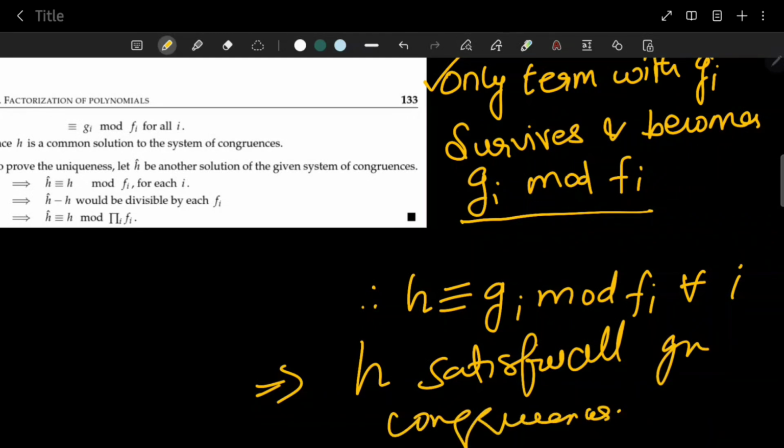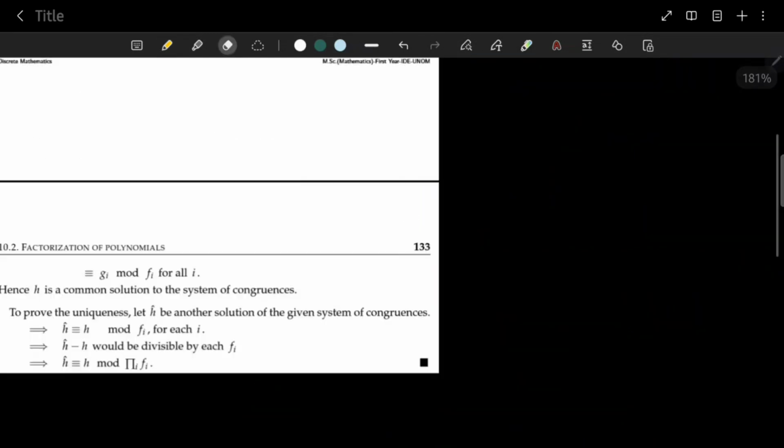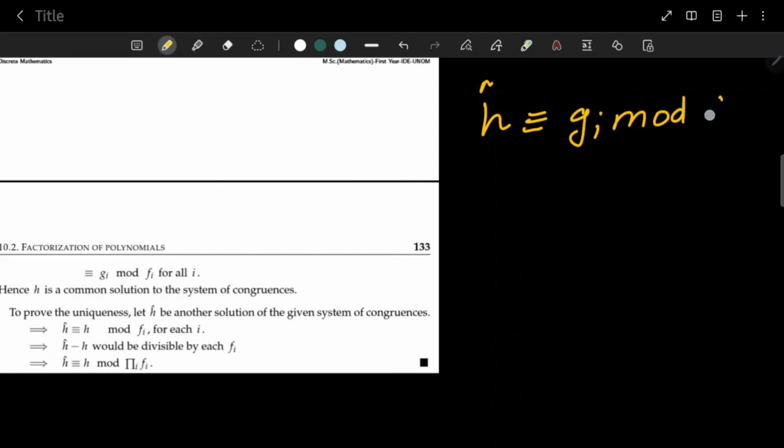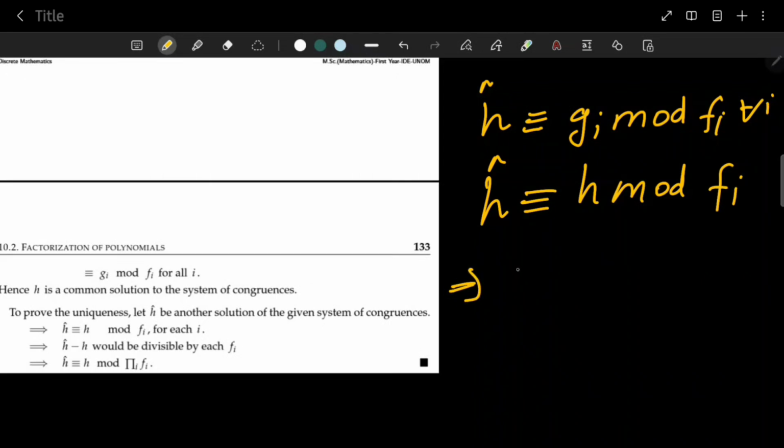Now for the uniqueness. To prove its uniqueness, we assume that there exists another polynomial h cap such that h cap is congruent to gi mod fi for all i. Then h cap is congruent to h mod fi. This implies h cap minus h is congruent to 0 mod fi.